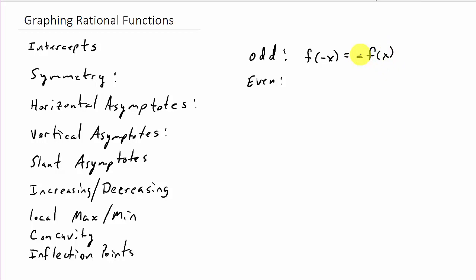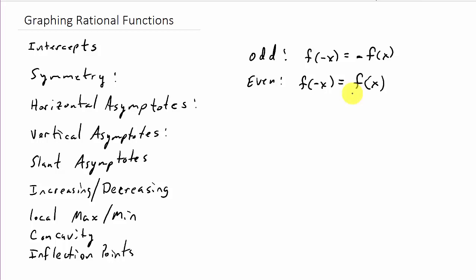If the function's odd, it's symmetrical about the origin. And if it's an even function, when we evaluate the function at negative x, we get the function itself back. That function is symmetrical about the y-axis.